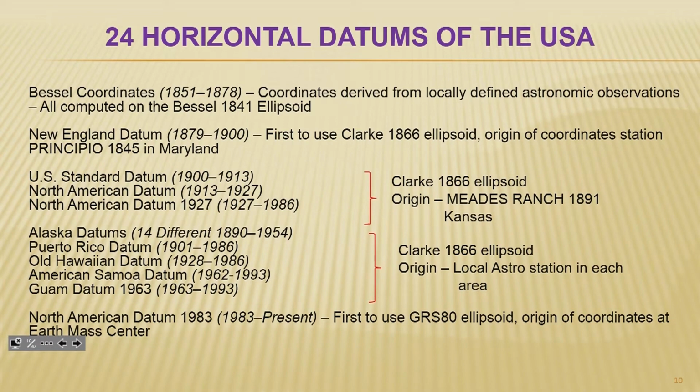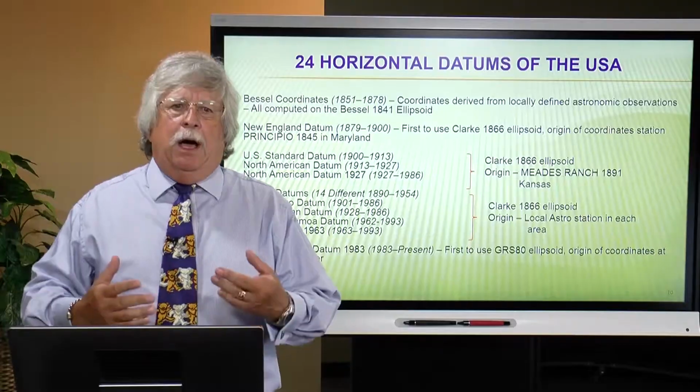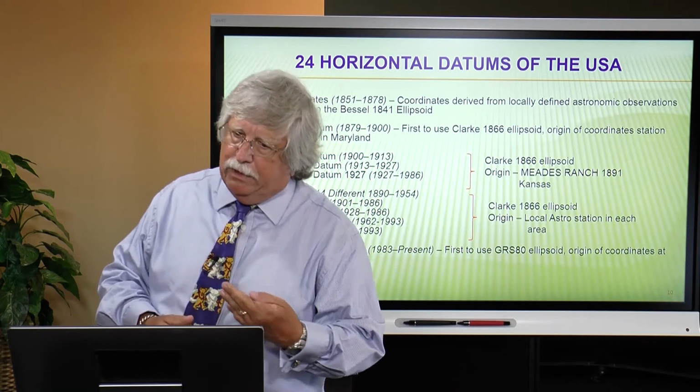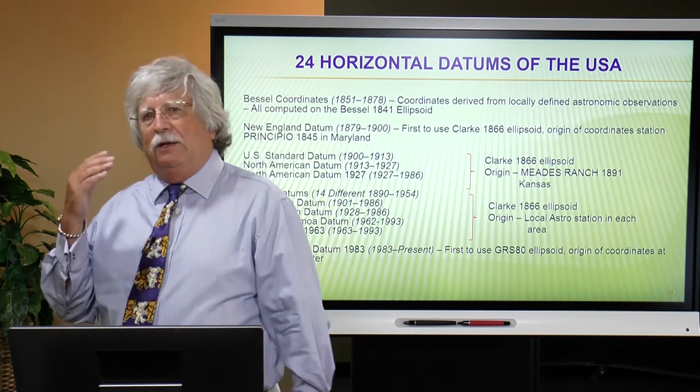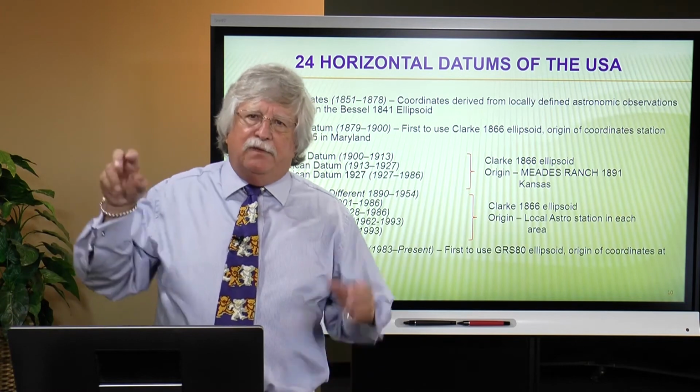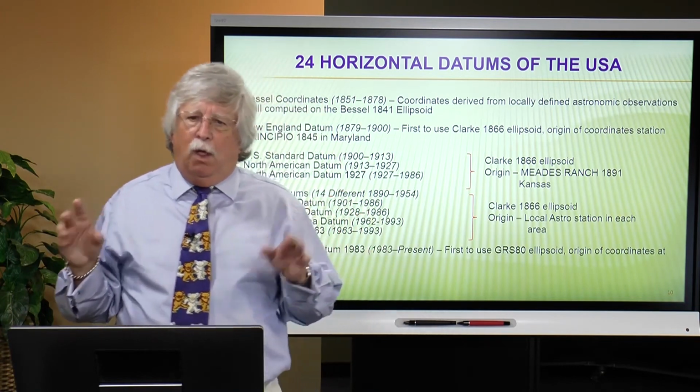The other areas that are important to the United States, Puerto Rico and the U.S. Virgin Islands, they have their own local datum. Remember, we're talking about a technology that's line of sight. If I can't see from one point to the next, then I can't be in the same datum. And I don't care how large a structure you build in Florida, you cannot see Puerto Rico and the Virgin Islands. You can't see Hawaii from California. So each of these areas had their own local datums.